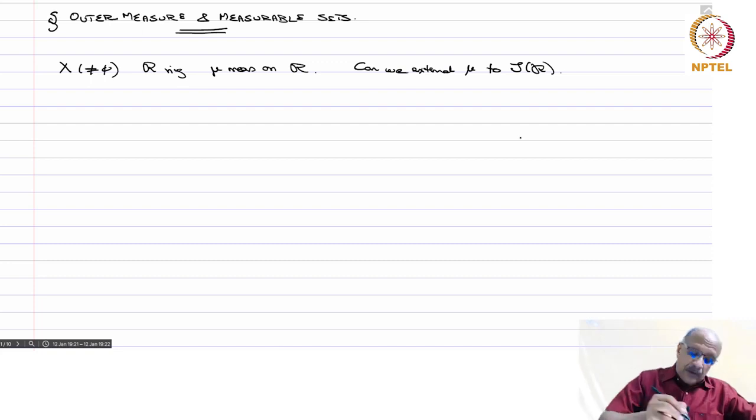So for this we have a certain very nice abstract procedure which we will in fact employ when constructing the Lebesgue measure later on.